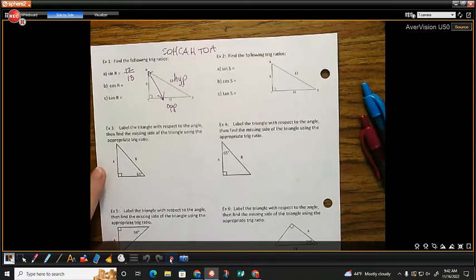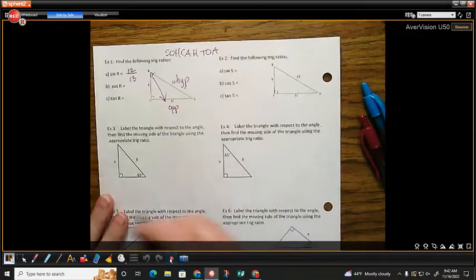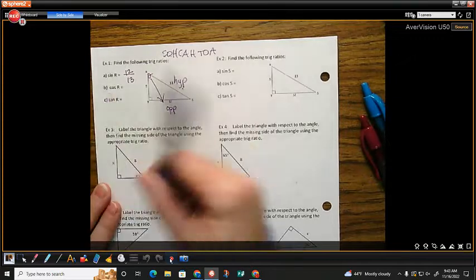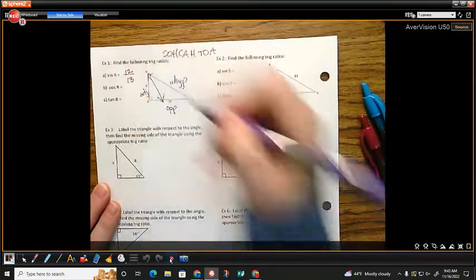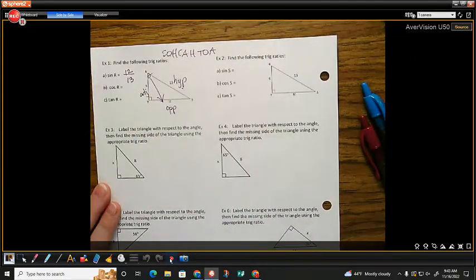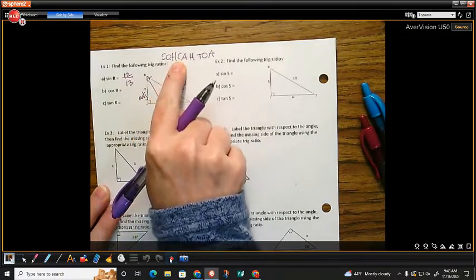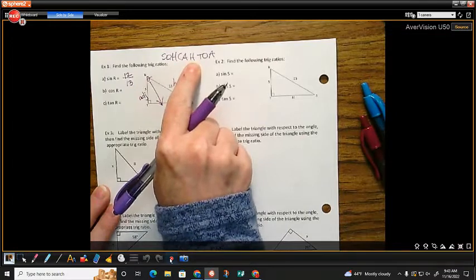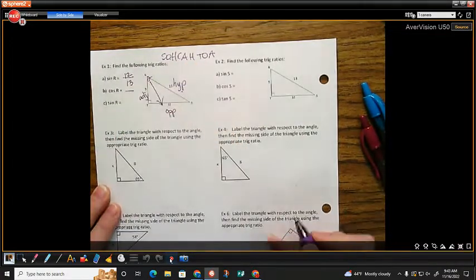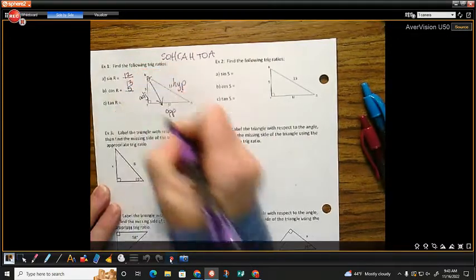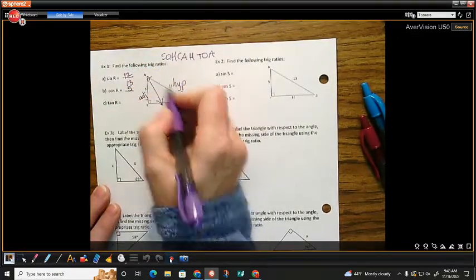Yep, I know. It's amazing. So what would be the cosine of that same angle? How would you get the cosine of angle R? Go back to your reminders. What does cosine use? Adjacent and hypotenuse. So what's my adjacent value? It's 5. And what's my hypotenuse? 13.